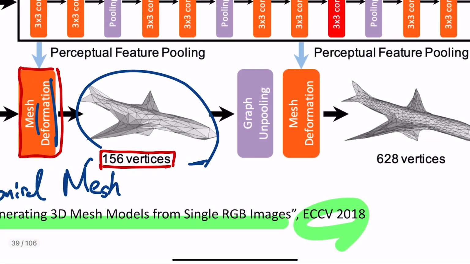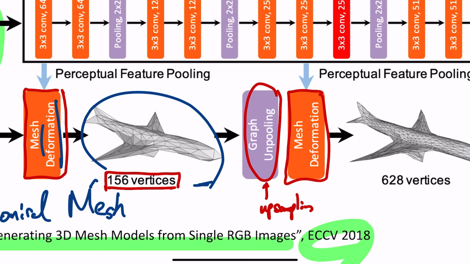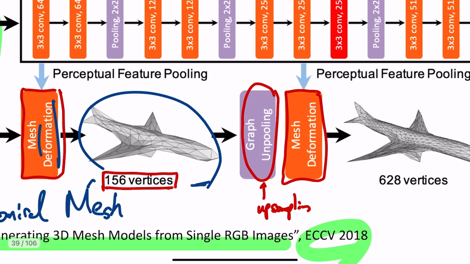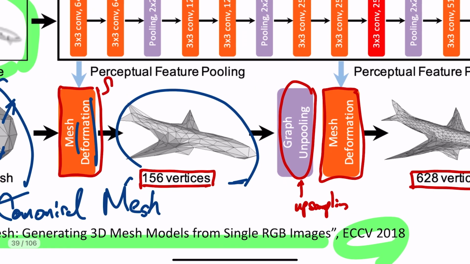In the second mesh deformation, by using the graph unpooling layer, which is like the unpooling or upsampling layer in a 2D image feature extraction model, like the decoder in a U-Net or an encoder-decoder, it increases the number of vertices to 628. So this is step 1 and this is step 2.